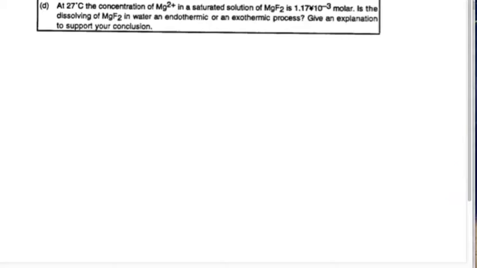Part D, love this. This is the sexiest problem on the planet. I love this problem. At 27 degrees Celsius, the concentration of Mg plus 2 in a saturated solution is 1.17 times 10 to the negative third molar. Is the dissolving of this stuff endothermic or exothermic? Explain.